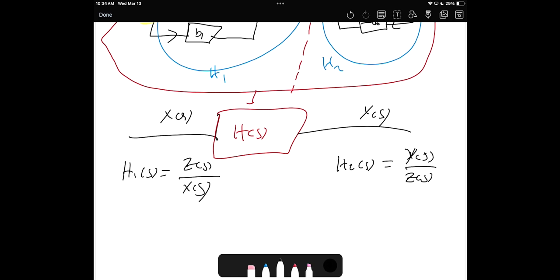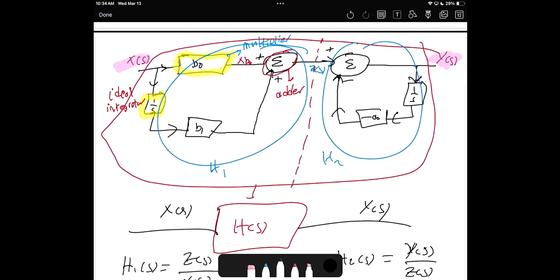It's like cascading, because the output of loop 1 will be the input of loop 2. Okay? Is this clear? This is loop 1, loop 2. The output is z. This is the output of loop 1, which is going to be the input of loop 2. So z of s will be the input of that.